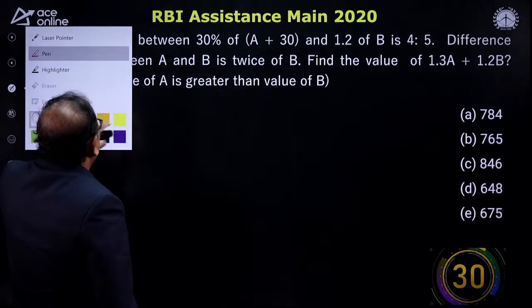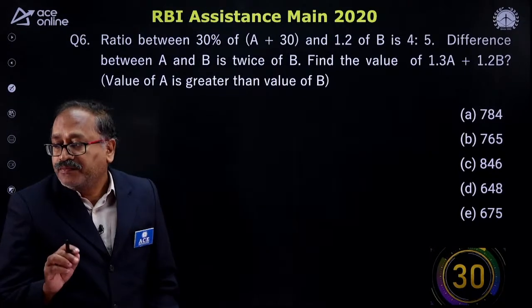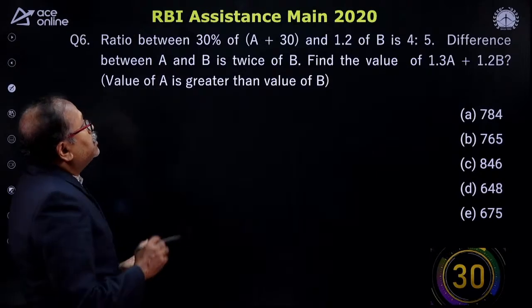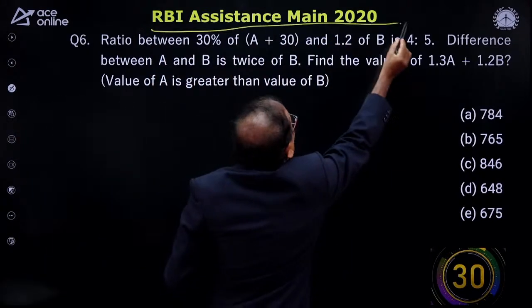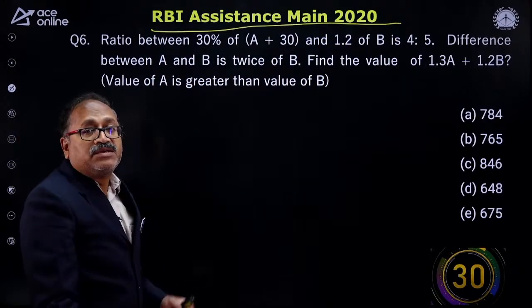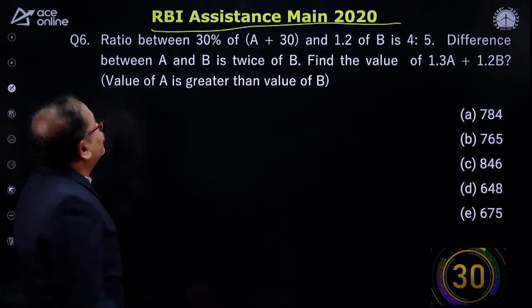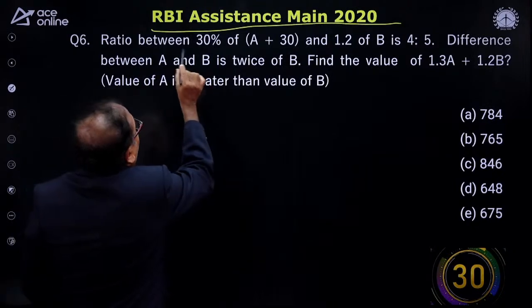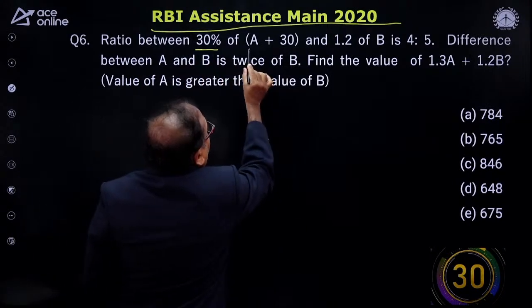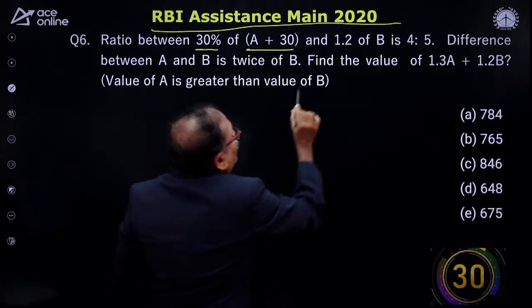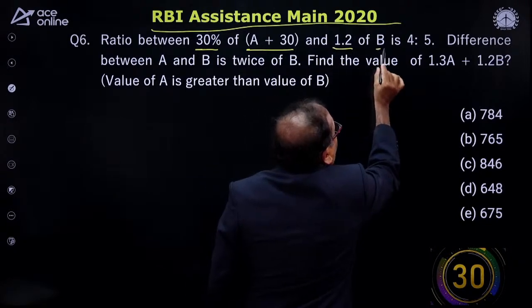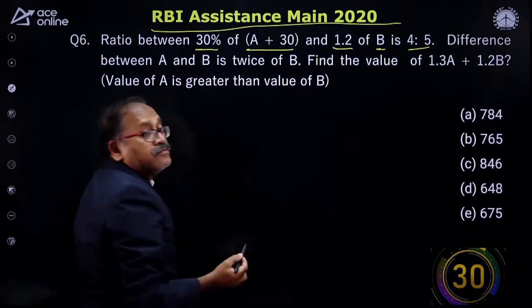From here onwards your arithmetic questions start. You can notice that this is the Main 2020 paper I am discussing; this is the first 20 questions, and tomorrow the next 20 questions. Now the ratio between 30% of A plus 30 and 1.2 times B is 4:5.